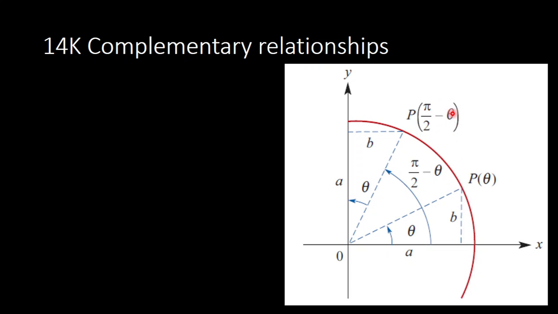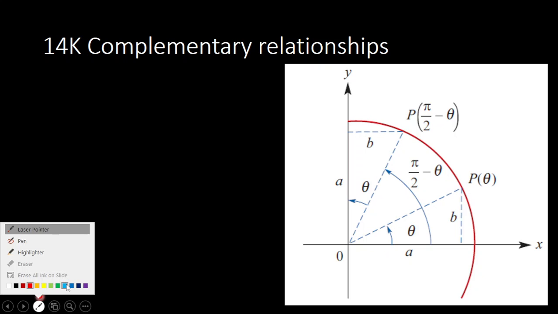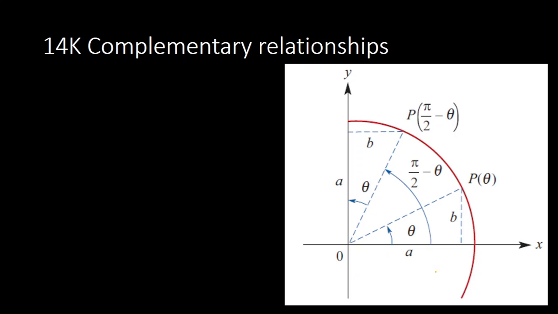Now its coordinates would be B and A respectively. B has been calculated from that side, and A, this side, is the same as that vertical one. So if I use colors, cos theta, let's say in orange, is here, which is the same as this side.